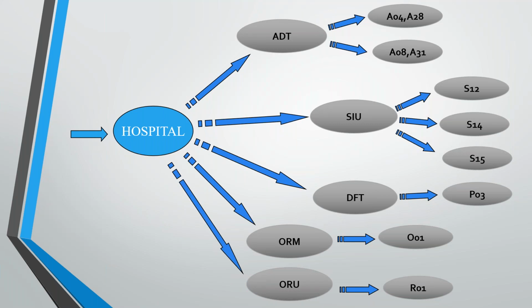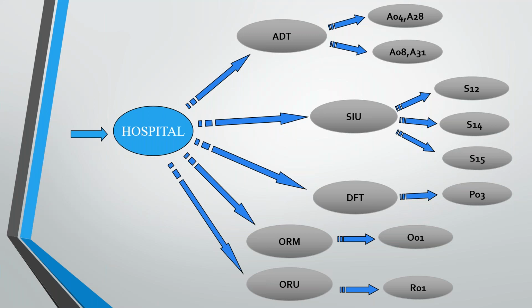ORU full form is observation result unsolicited, and unsolicited is nothing but unidirectional, which means it doesn't expect a response back, or it doesn't have a paired response back from the destination system. So ORU R01 is for results.